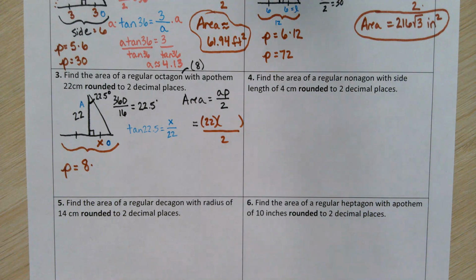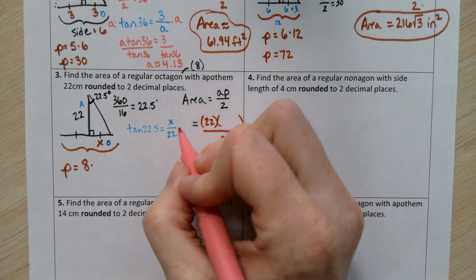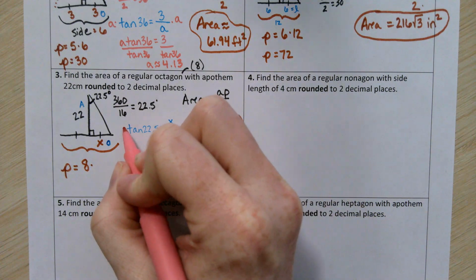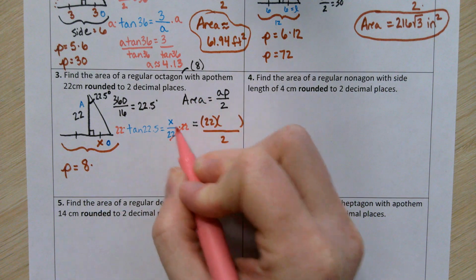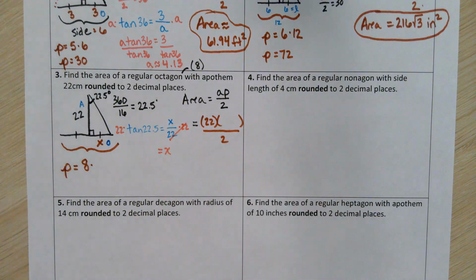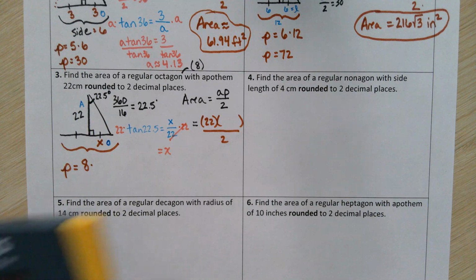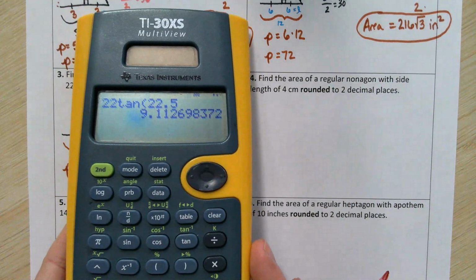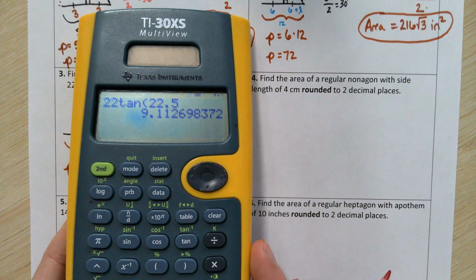Our variable is still over in that fraction, so we're going to multiply both sides by the denominator of the fraction, which actually leaves that x by itself already. So we're headed to the calculator to do 22 times tangent of 22.5, which is approximately 9.11.